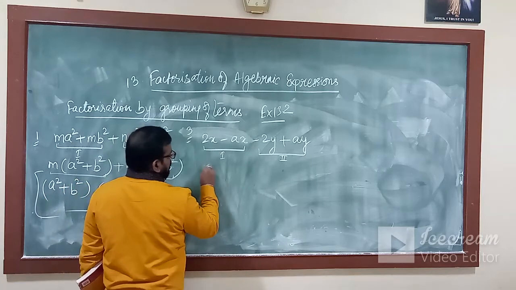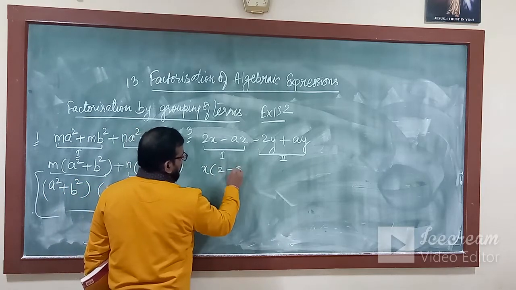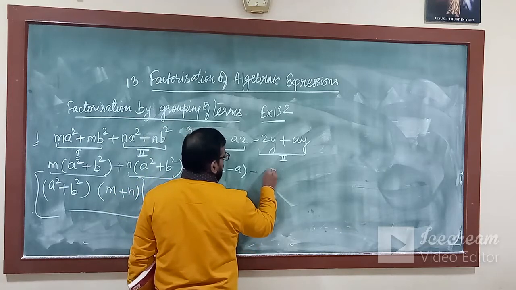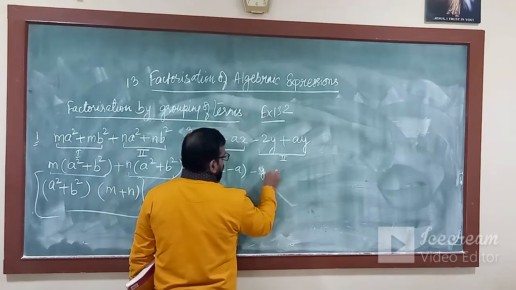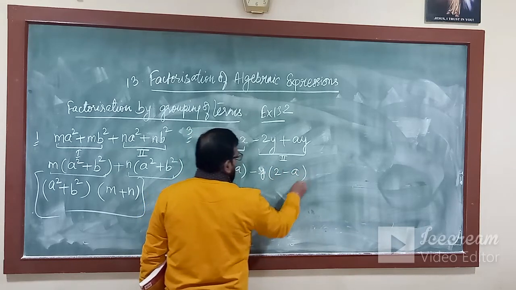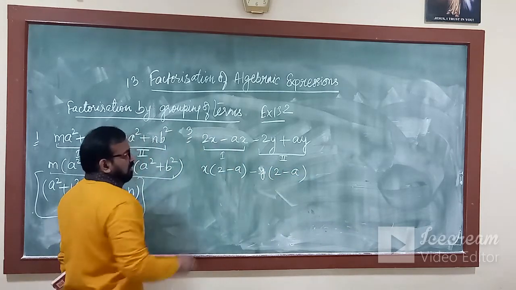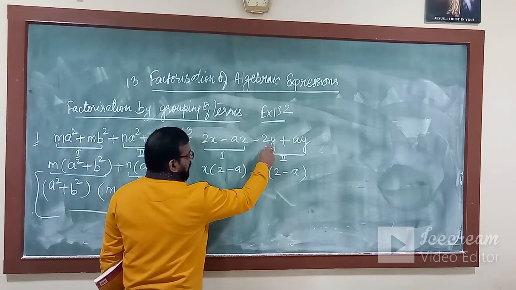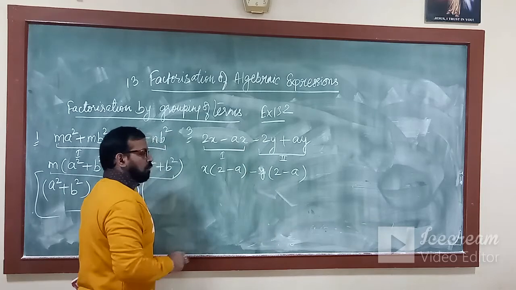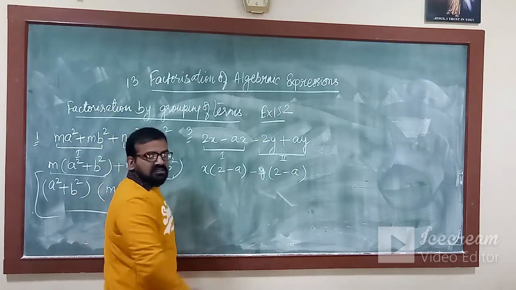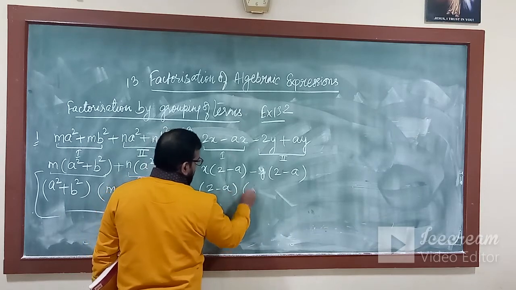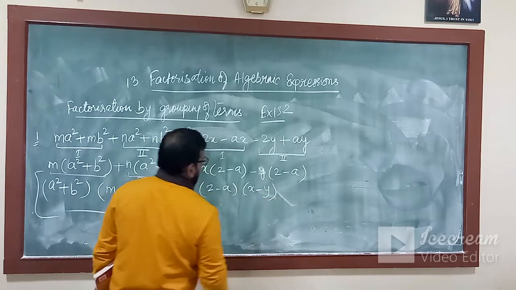So from here x will come out, 2 minus a. Now from here I will take minus y as common. Why have I taken minus y as common? Because it is 2 minus a and it is minus 2y. So I will take out minus y because what I need inside the bracket is 2 minus a. So what is common? 2 minus a, it becomes x minus y.